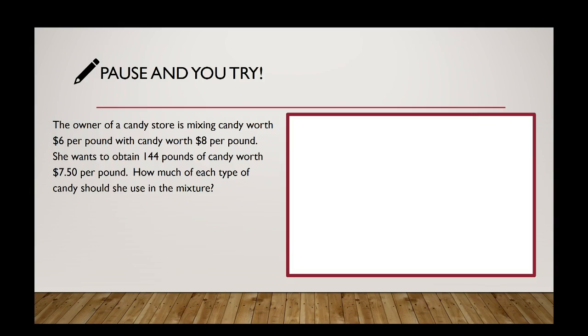All right, this example is looking at candy. Is mixing candy worth, so the first one, second one, third one. The first one is $6 per pound with candy worth $8 per pound.